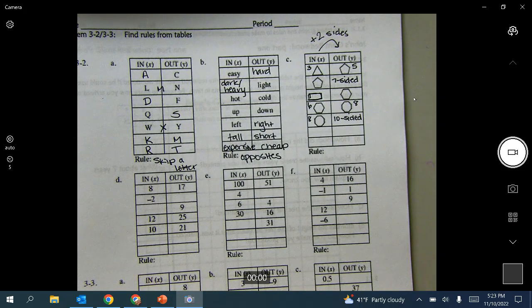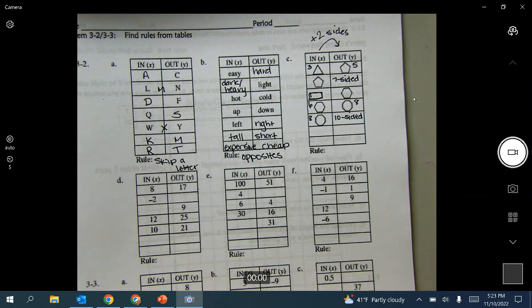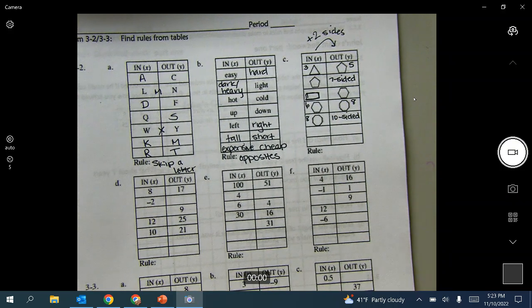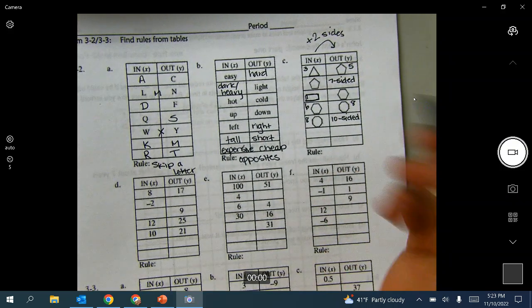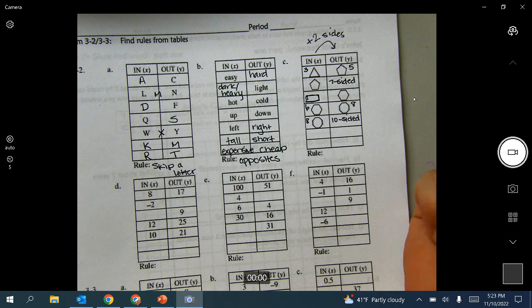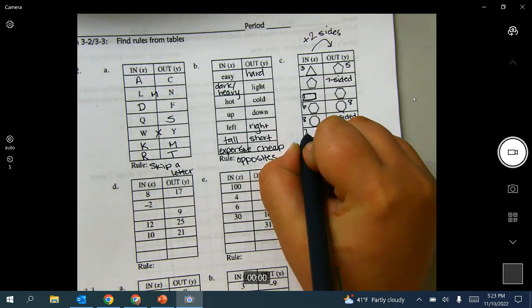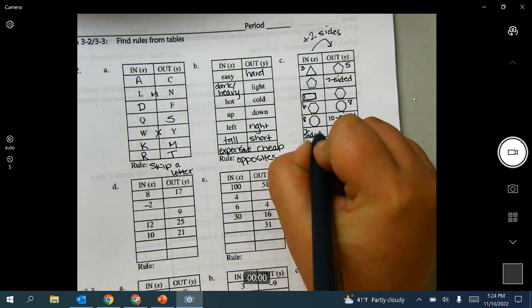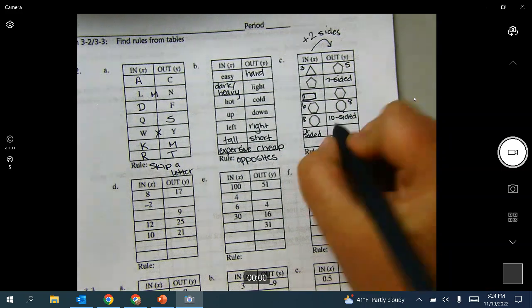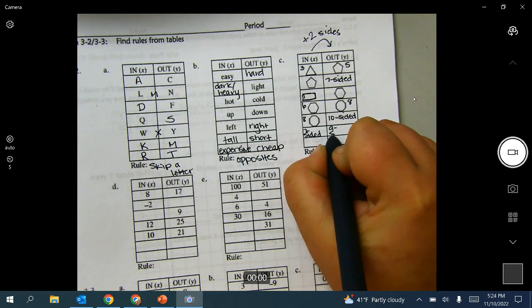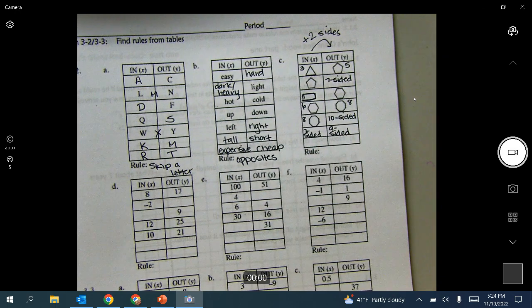All right, now we need to come up with some examples. And just like with the 7-sided and the 10-sided, I am not expecting you guys to actually be able to draw this stuff out. So let's say I started with a 7-sided figure. If I add 2 more sides, that means I'm going to end up with a 9-sided figure or a nonagon.